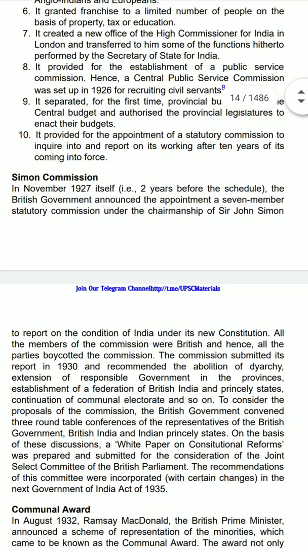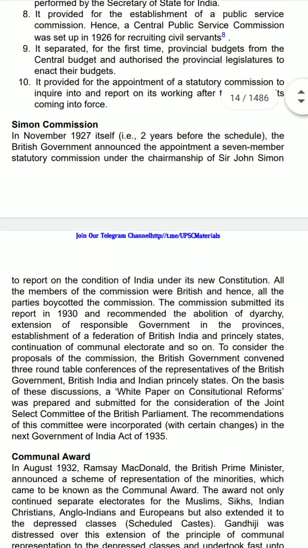Simon Commission. In November 1927 itself, that is, 2 years before the schedule, the British government announced the appointment of a 7-member statutory commission under the chairmanship of Sir John Simon to report on the condition of India under its new constitution.